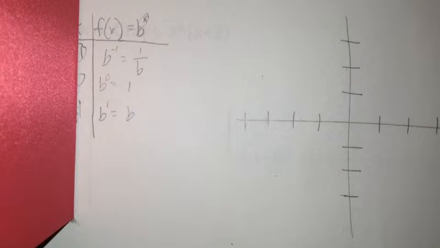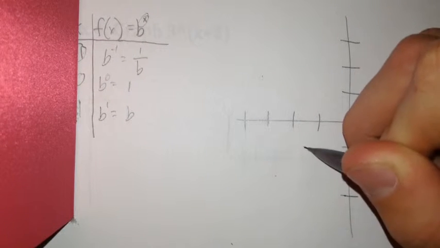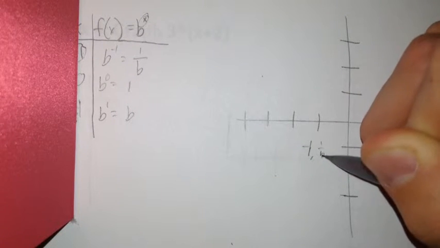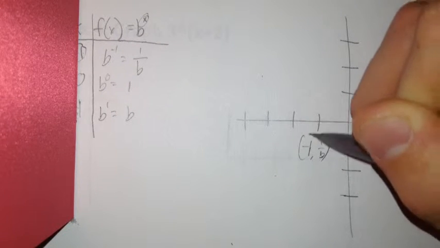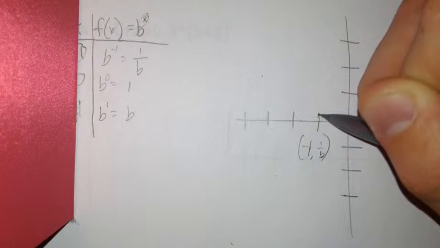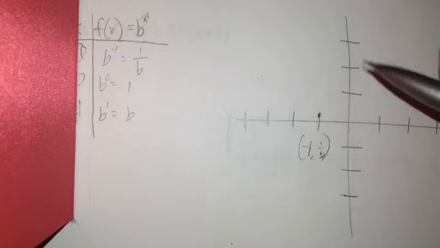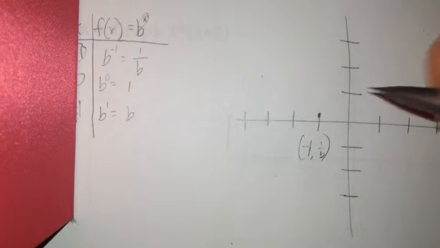So first we have -1 and 1 over b. So it would be -1, comma, 1 over b. And that's your coordinate. So it's right about here on your graph. And then we have 0, 1.